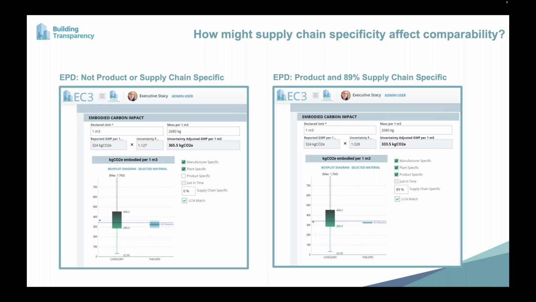On the right, there's an EPD that has manufacturer, plant, product, and 89% supply chain specific information. This is where a cement EPD is being used within a concrete EPD. And you can see that that uncertainty gets down to a very small residual amount. So anything that we can do as an industry to educate ourselves about this and try to find ways to disclose uncertainty, but also push to that future state of really comparable, really accurate EPDs.